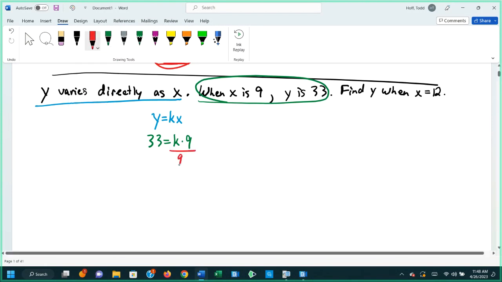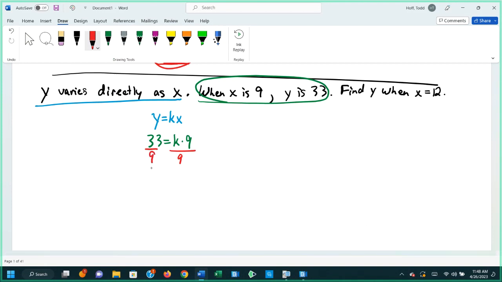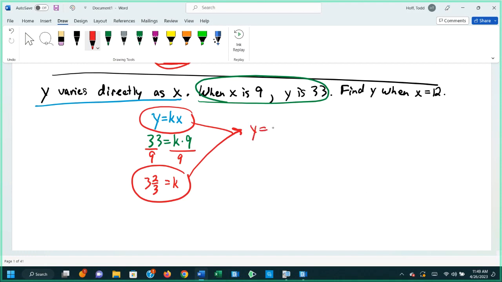So we're going to divide by 9. 33 divided by 9 is, what is that, 3 2/3? Equals k. So now that we know that the constant is 3 2/3, we can come back up here and further define this relationship. So rather than just knowing that y equals a constant times x, we know that that constant is 3 2/3. So y equals 3 2/3 times x.